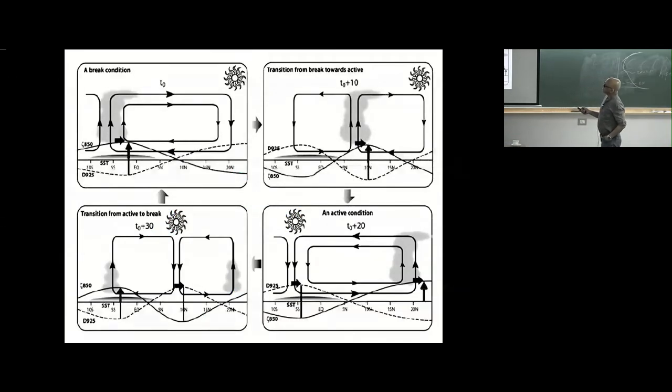If you start with a break condition at time t0, here you are around 5 south where the SSTs are warm, which means convergence, so the thermocline is deeper or sea level is higher, and you have rising motion, so you have rainfall and convection over the ocean, and you have local Hadley cell sinking over India at around 20 north.